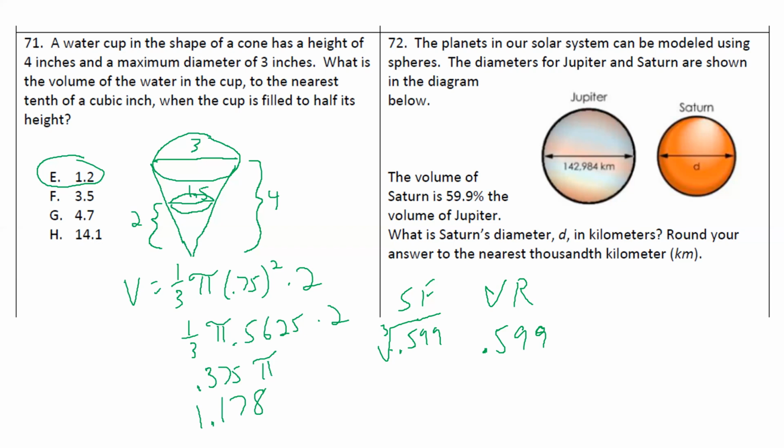What was it? 0.599. So that gives a scale factor of 0.842. So they already gave us the diameter of this one. So all we need to do is multiply by that scale factor.